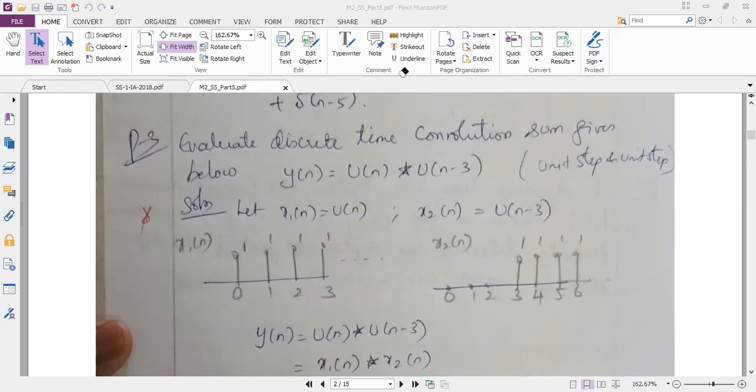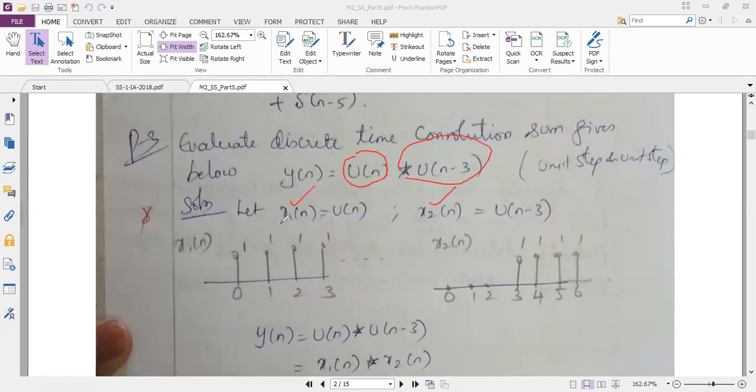And if I see the question, x of n is also a unit step u of n, and h of n is also a unit step, but with some shift in the signal. That's it. Both are unit step. Okay. So now I can split this question as per my convenience. So this u of n, I can take as x1 of n, and u of n minus 3, I can take as x2 of n.